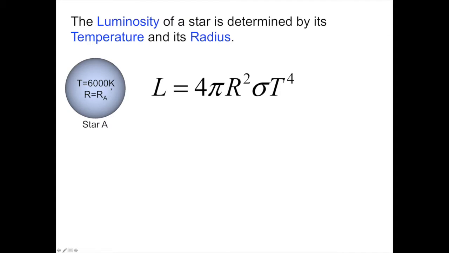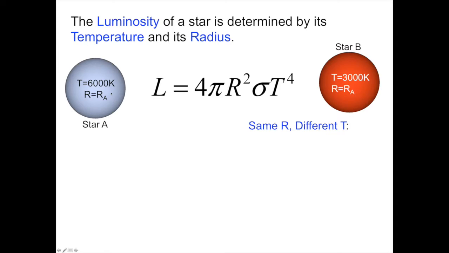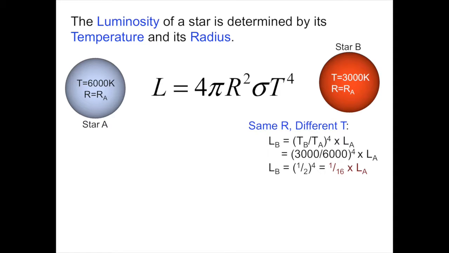For example, consider a star A of temperature 6,000 degrees Kelvin with a radius R_A. If we have another star B with the same radius but different temperature, here a star that's half the temperature, the luminosity of star B will be related to the luminosity of star A simply through the ratio of their temperatures to the fourth power.